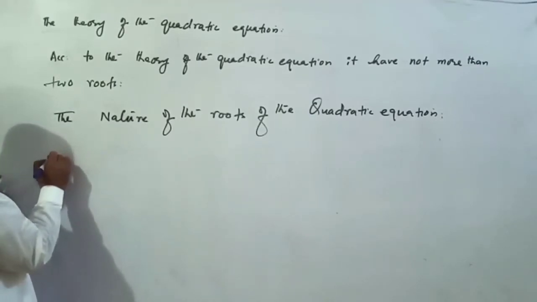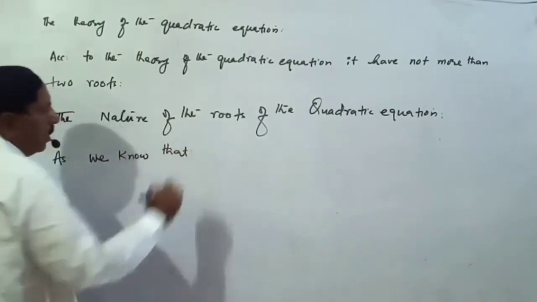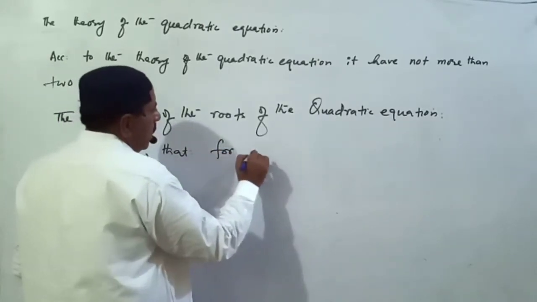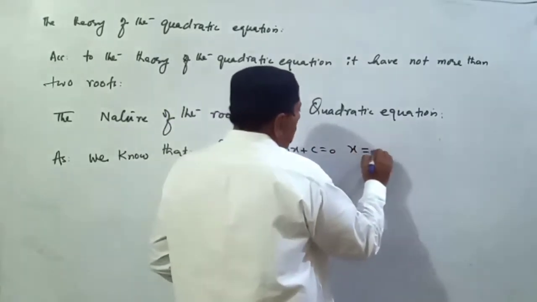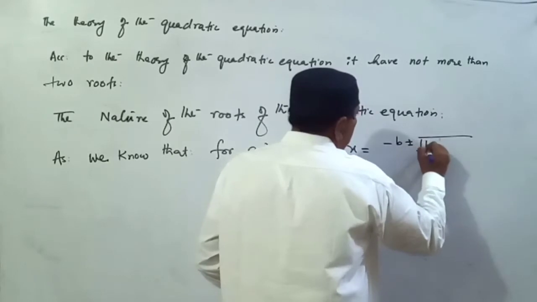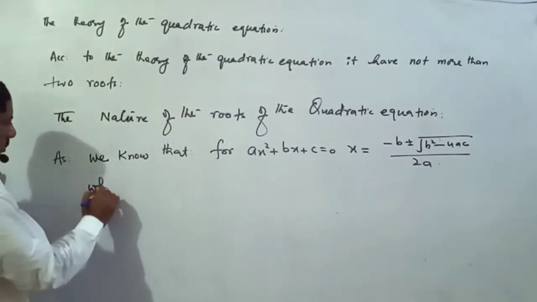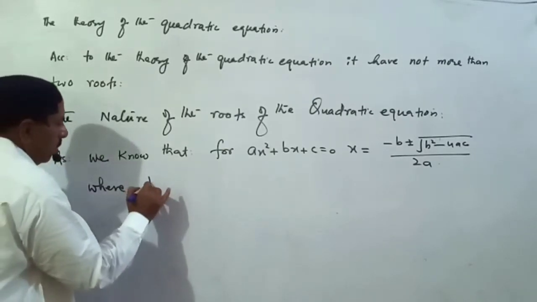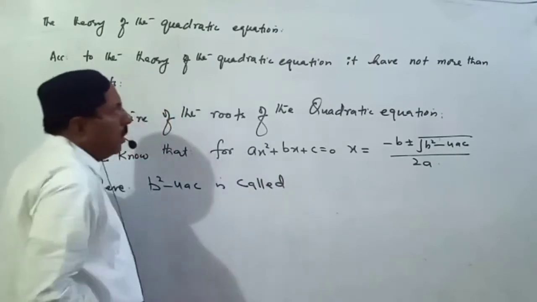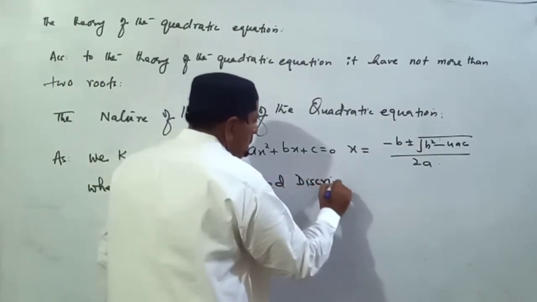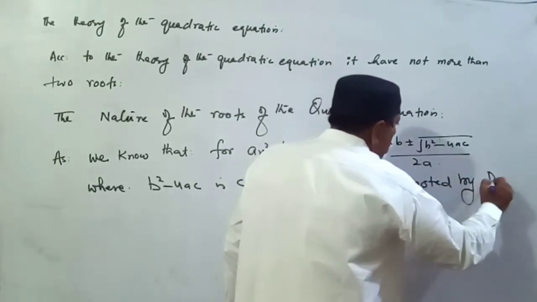Number 1. As we know that for ax square plus bx plus c is equal to 0, the value of x is equal to minus b plus minus radical b square minus 4ac upon 2a, where b square minus 4ac is called discriminant, denoted by d.